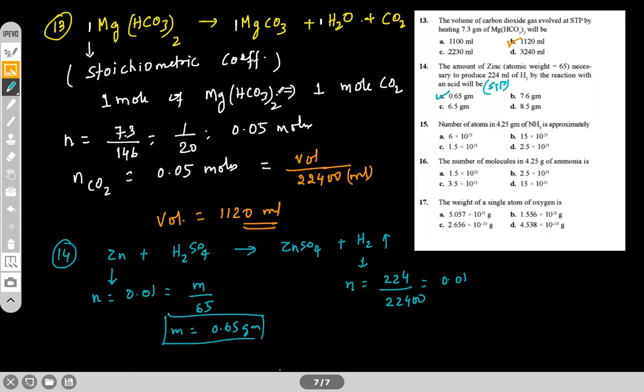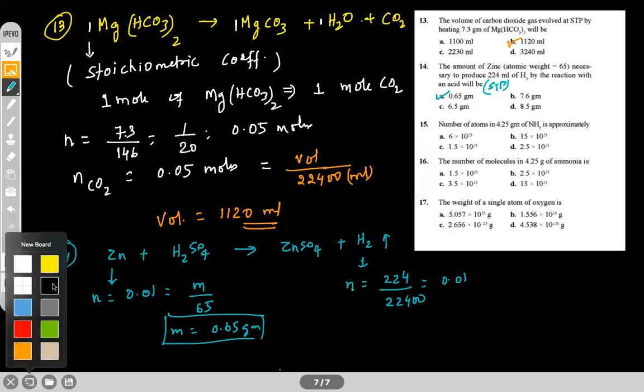Now, the 15th one: the number of atoms in 4.25 gram of ammonia. The number of moles of ammonia is the mass, 4.25 grams, divided by the molecular mass of NH3.